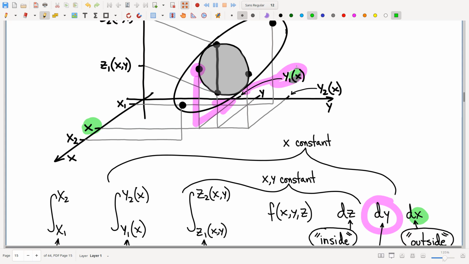For different x's, as I consider different values of x, I get entirely different cross sections, which will have entirely different y1. So the y1s are functions of x. Notice the pattern from double integrals continues. The bounds on the inside integral are functions of the outside variable.